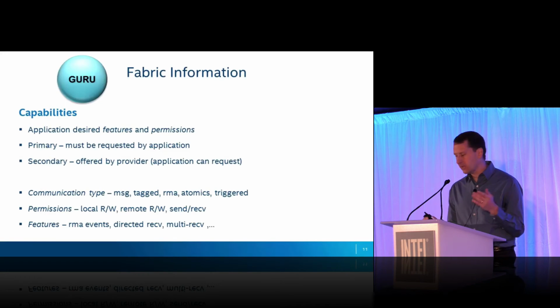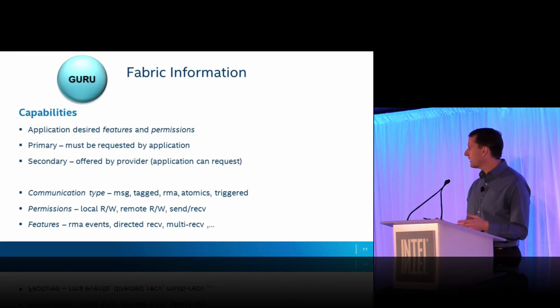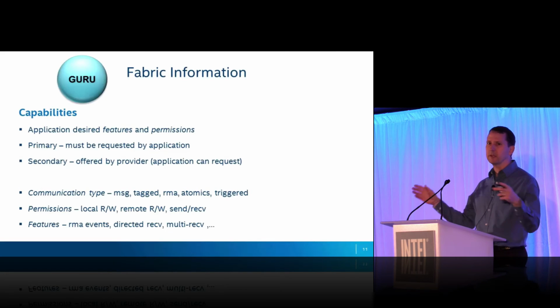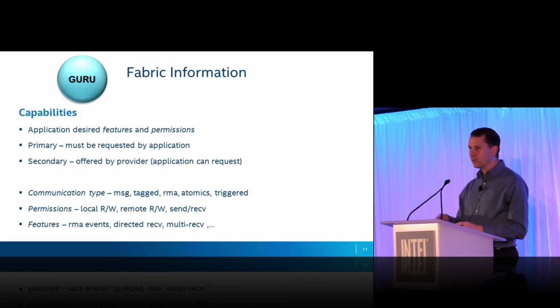One other one to mention is multi-receive. With current InfiniBand and iWARP hardware, if you try to send and receive messages, you have to post a whole bunch of individual buffers. You fill up this receive queue. You say, here's an 8K buffer, 8K buffer, 8K buffer. So you post like 1,000 8K buffers. And you're going to consume that entire 8K buffer even if you only receive, say, 100 bytes.